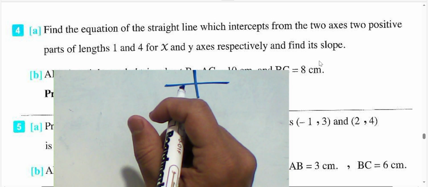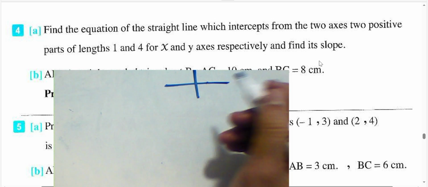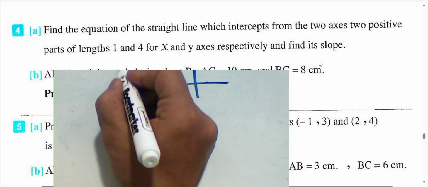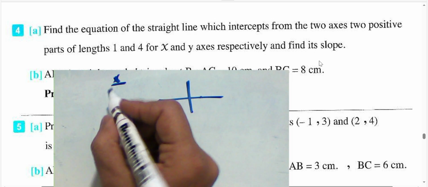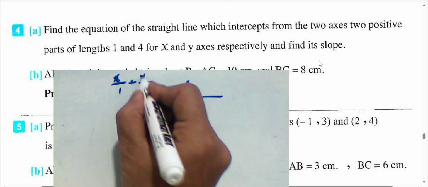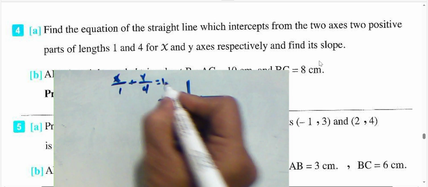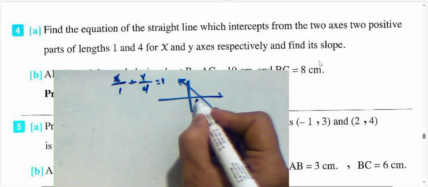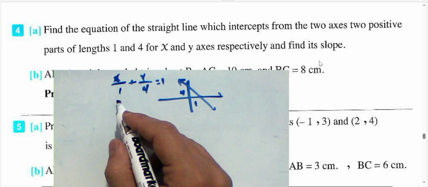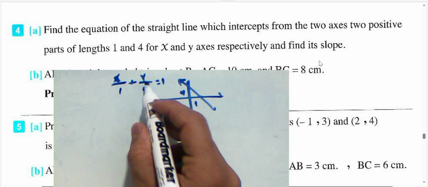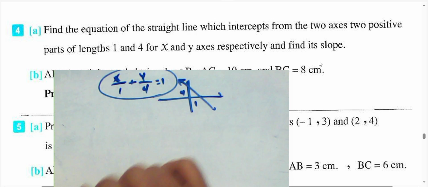The equation we can write is x over the part of x, 1, plus y over the part of y, 4, and the result will be 1. The equation x over 1 plus y over 4 equals 1. It's the equation about the two parts cutting, okay?